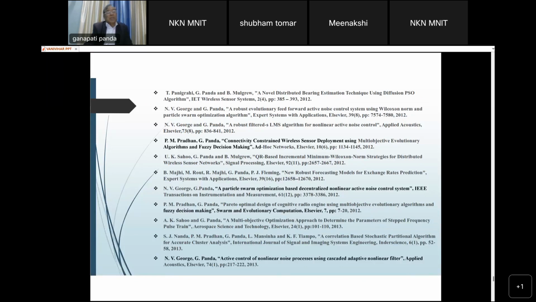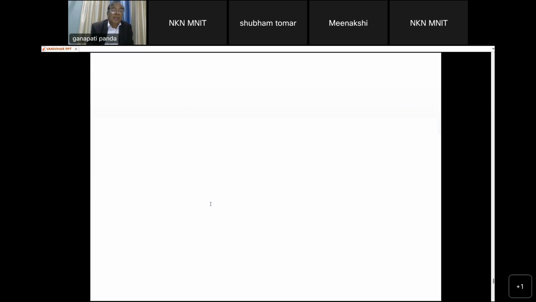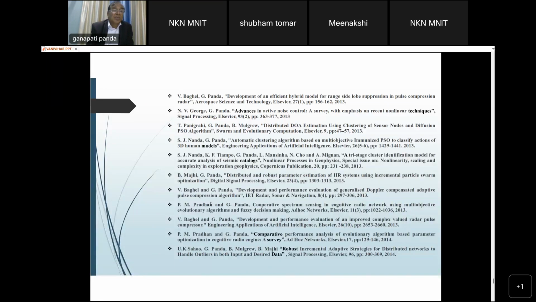There are more than 200 papers on deep learning and machine learning, all SCI papers. Nitin George is a faculty member at IIT Guwahati, T. Panigrahi at NIT Goa, Pyari Mohan Pradhan at IIT Roorkee. All my students are in different IITs and NITs, and they have done very good work. You can find the details by going to these papers, which are mostly SCI journal papers.